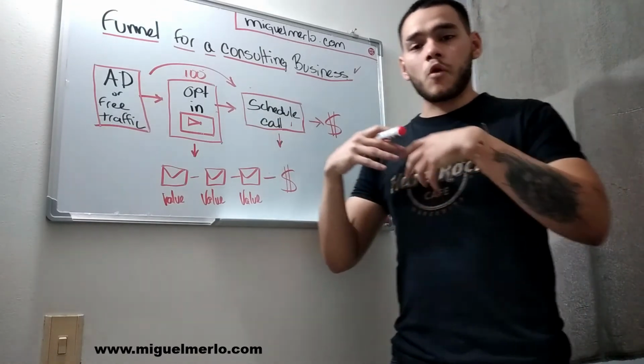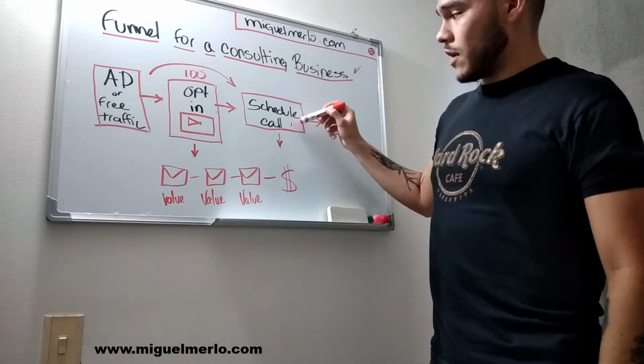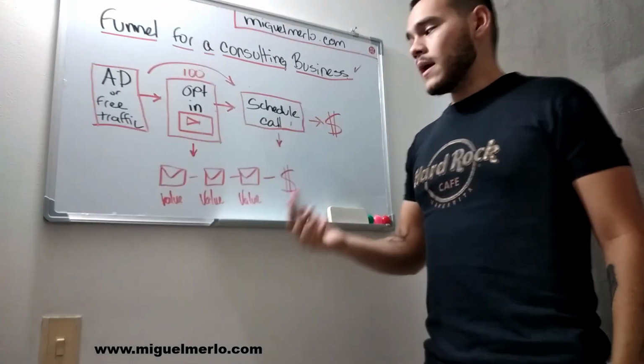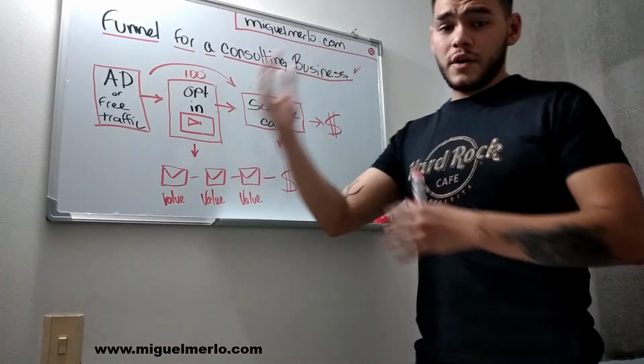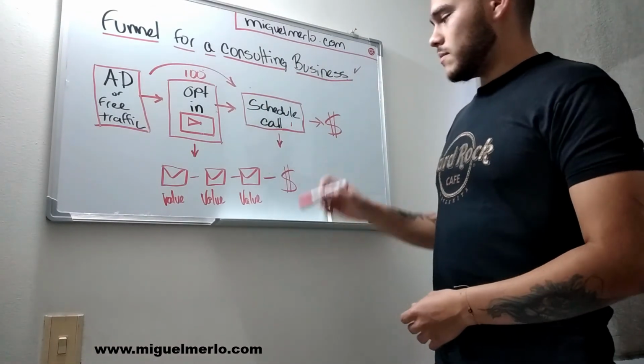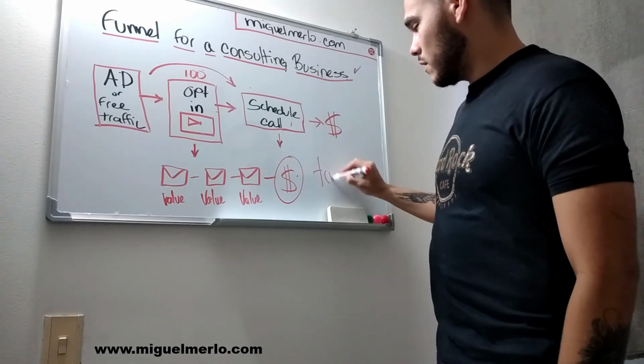So they will be more likely to buy from you. At the fourth email, you're going to offer them your call again, and the percentage of your conversions is going to be higher, because when they get to this point, they already trust you.